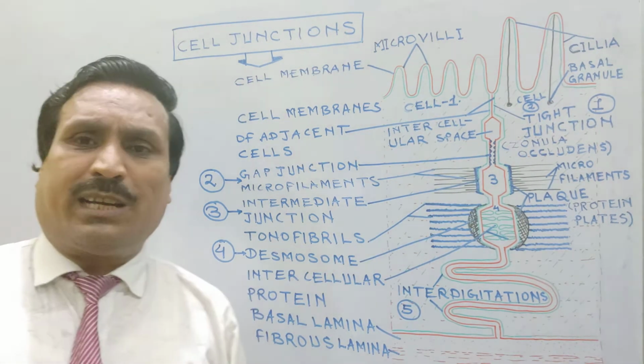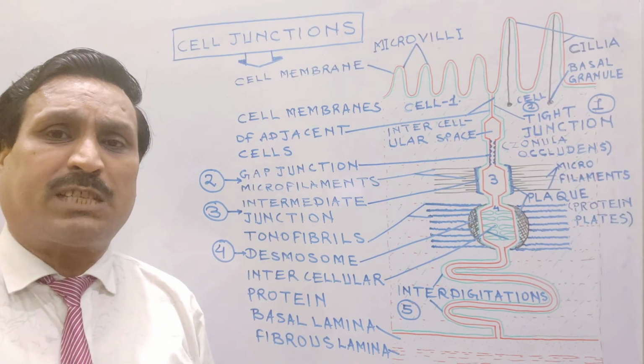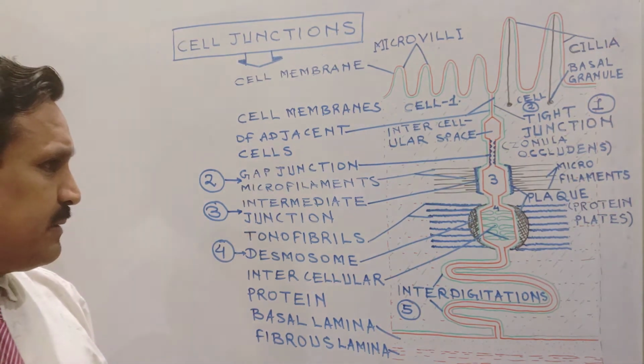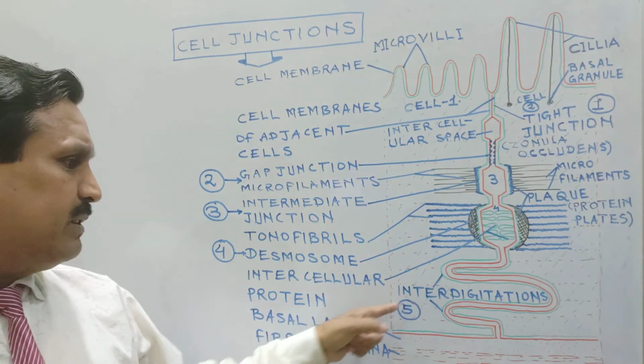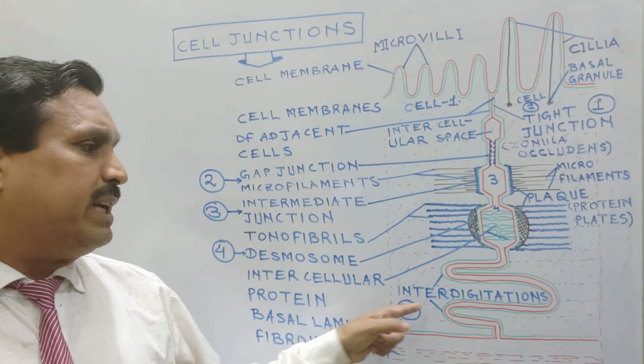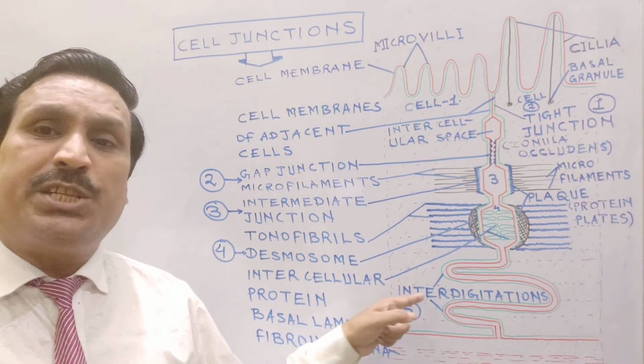Now, students, the fourth intercellular junction has been finished. Let us discuss now the fifth intercellular junction. This fifth intercellular junction is interdigitation.